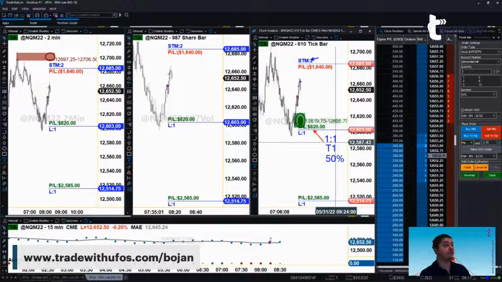That means that even if this market does something like this, you didn't lose money. You didn't make money, but you didn't lose money. So that's the goal that we're trying to get at.